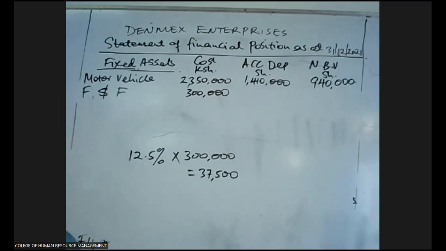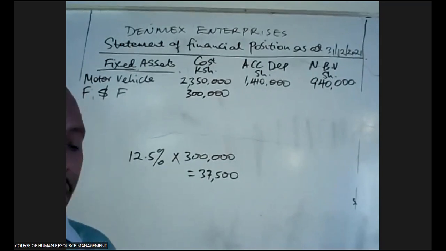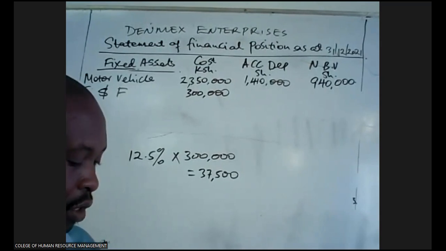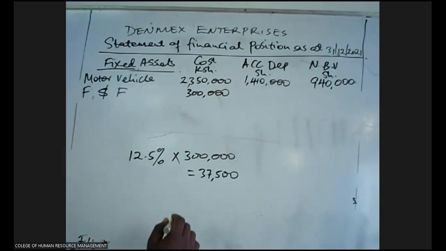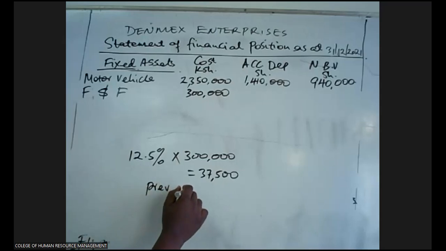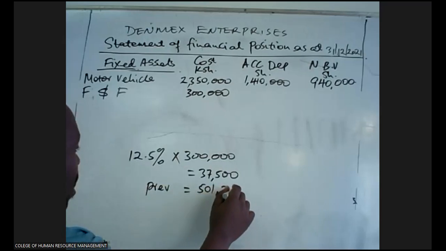Whatever you have calculated is for this year, and then under the balances you are given provision for accumulated depreciation on furniture and fittings, which is 501,200. So this is for this year. Then for the previous, we have 501,200.